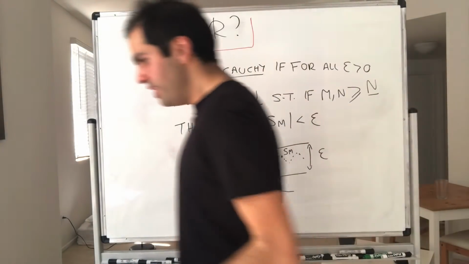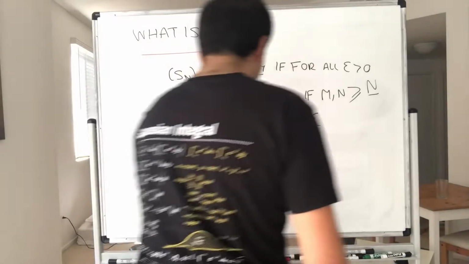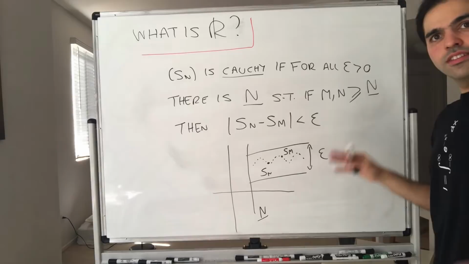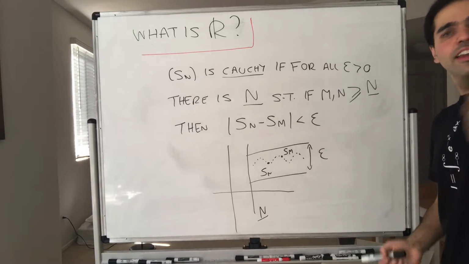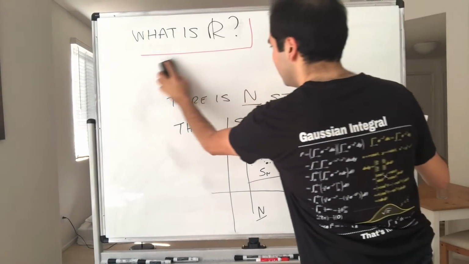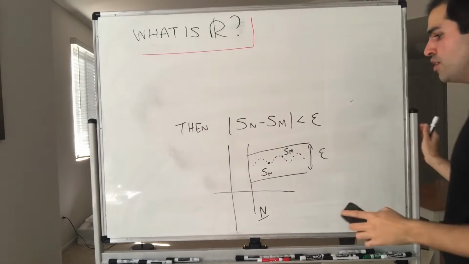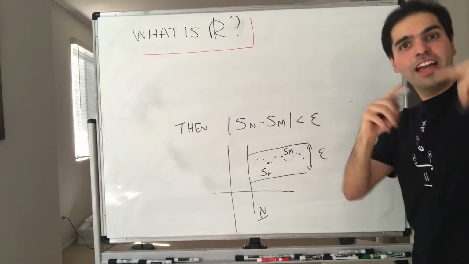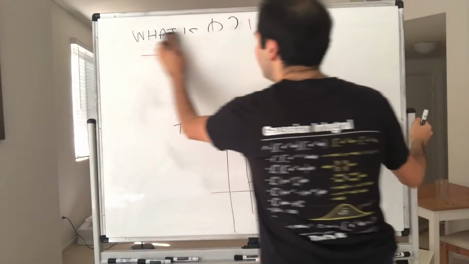Okay, so in particular, what are the real numbers? It's just a set of all Cauchy sequences, but with an equivalence relation. In other words, what we would like to say is two sequences are equivalent if they're eventually very close to each other.